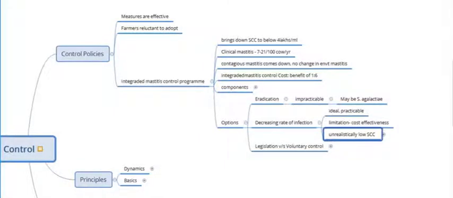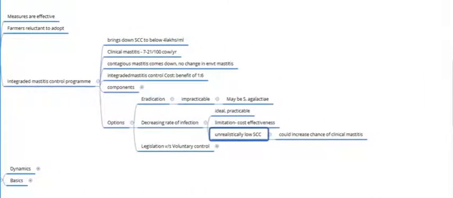When you put on a very aggressive mastitis control program and the somatic cell count goes really low, the udder again becomes exposed to more infections, and there will be a higher possibility of clinical mastitis.